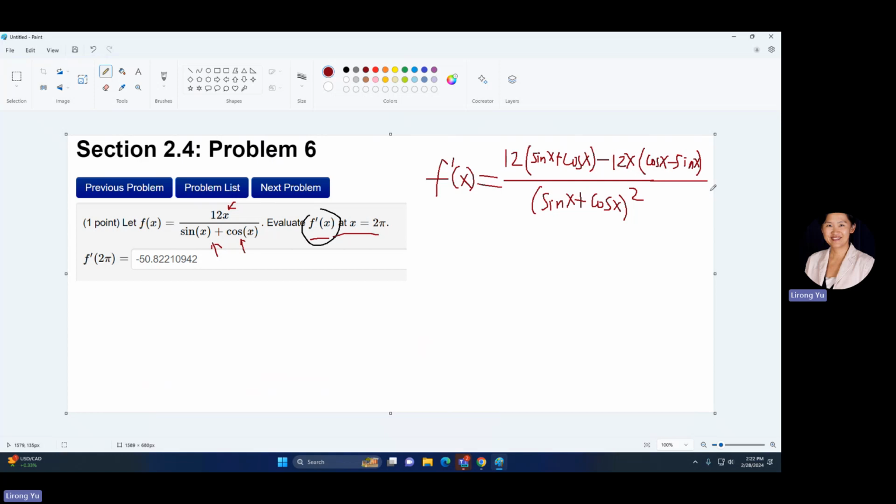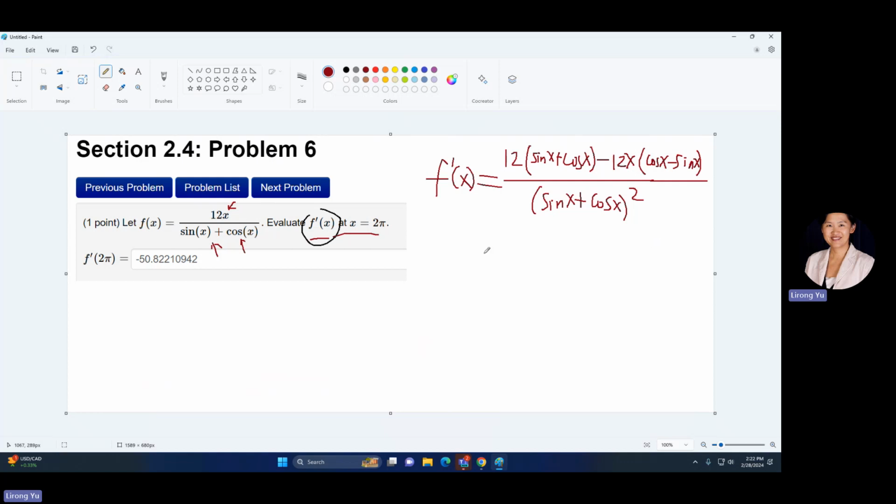But try to revise the formula card as you work on more and more questions. You realize, hey, this should be on the formula card. That should be on the formula card. So try to make your own card as early as possible today, so that tomorrow you'll be able to apply it. So that's the answer for the derivative.